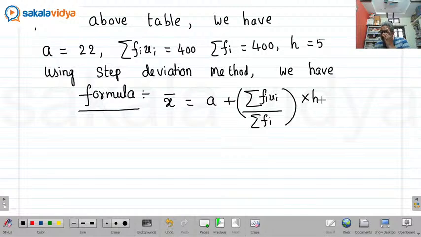So don't forget it. Sir, 15 is wrong, 25 is correct. Where is the 15? Right, so now let us proceed for the problem.